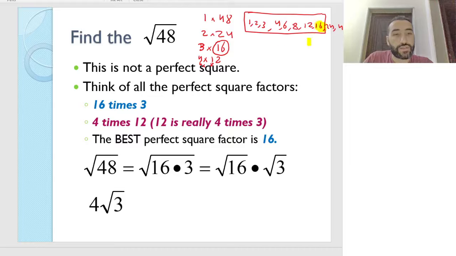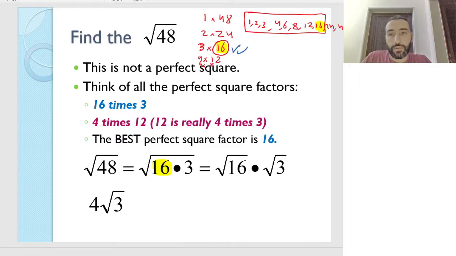So 16 times 3 gives 48, and I write radical 48 as radical 16 times 3. It is easy: we make the factors and search for a perfect square number, which is 16, and I got it from here.